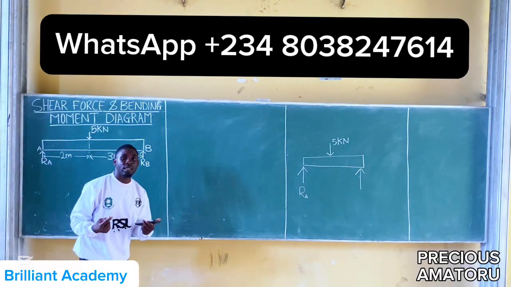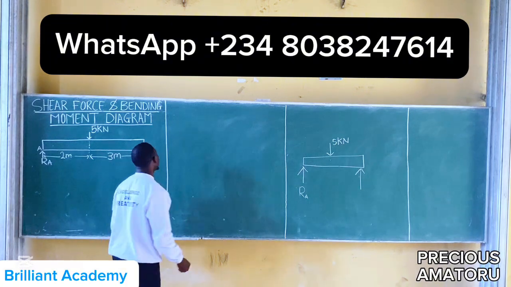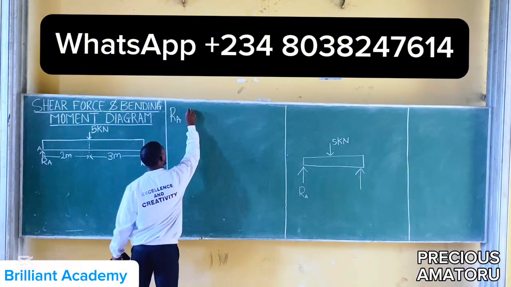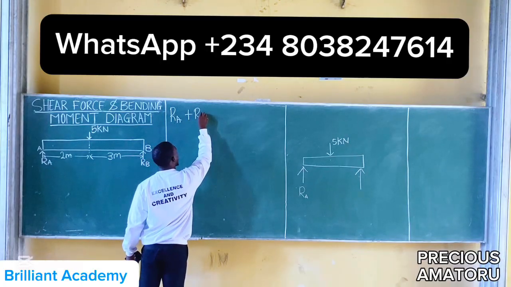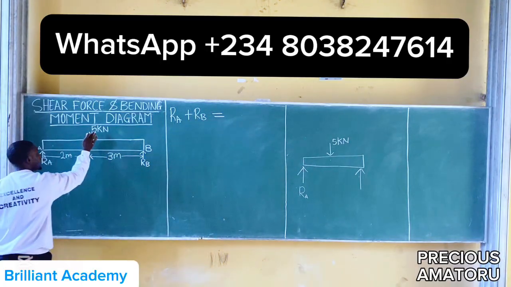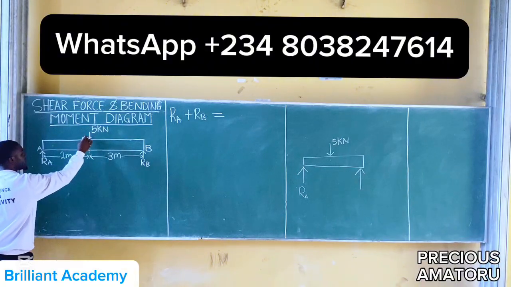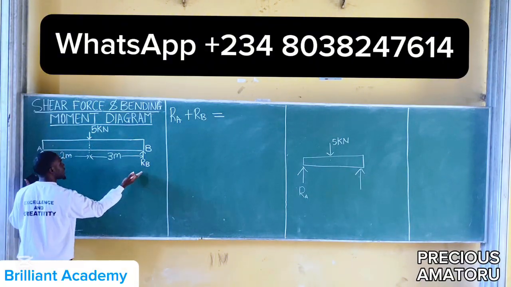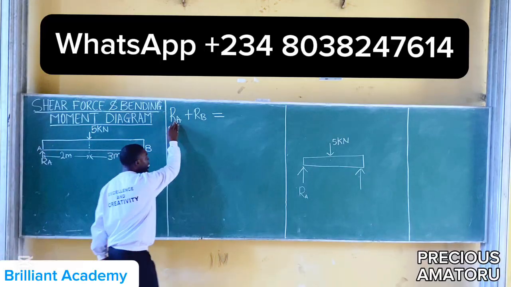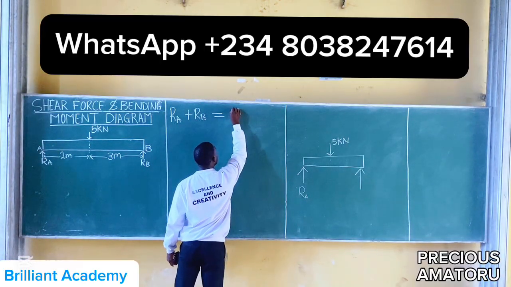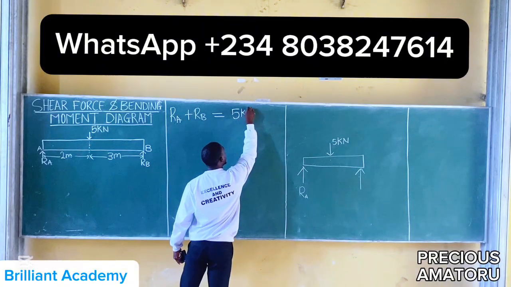So from that concept, we can say that RA plus RB must be equal to this. So we are saying that the force acting downward is equal to the sum of the force acting upward. So RA plus RB must be equal to 5 kilonewton.